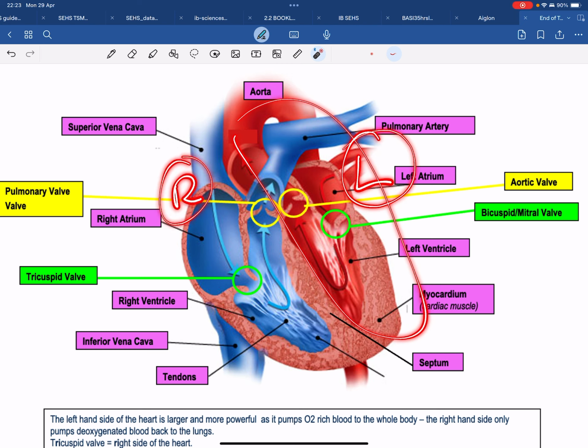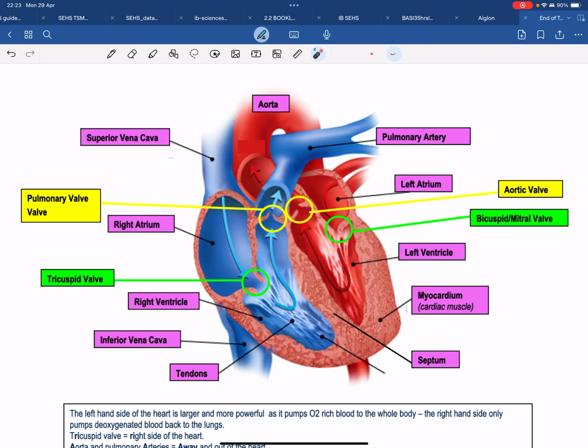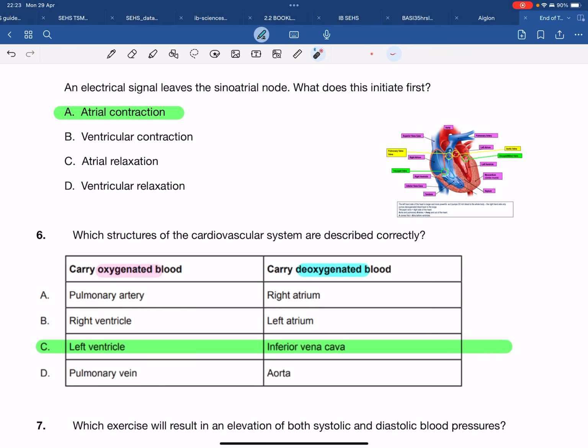The right side is all of this stuff. So even if you know that one thing, it'll start to let us get rid of some of these options. There's no way that deoxygenated blood is in the left atrium. That's the red side, so we get rid of B. It could be this one, but actually the pulmonary artery is wrong. This one's wrong.